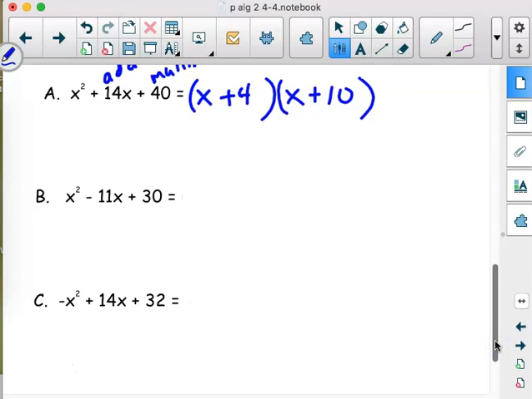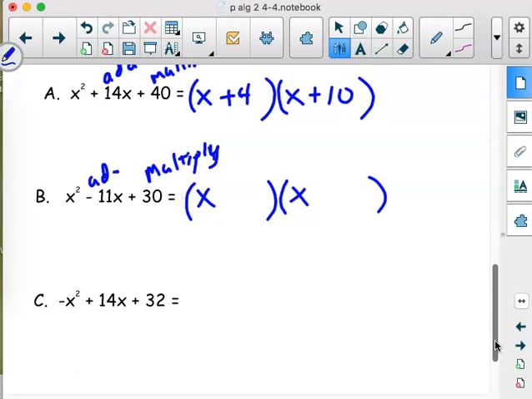Alrighty, I look at B. And I realize there's nothing I can take out of all of those. It's not a perfect square trinomial because 30 is not a perfect square. I need two numbers that multiply to positive 30.